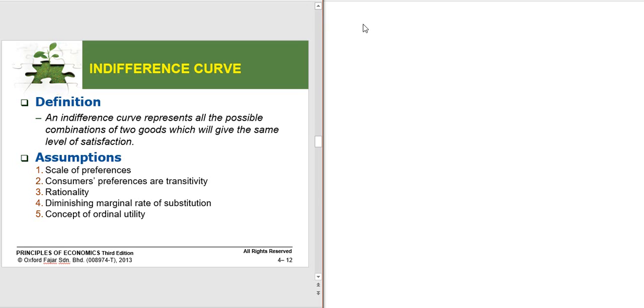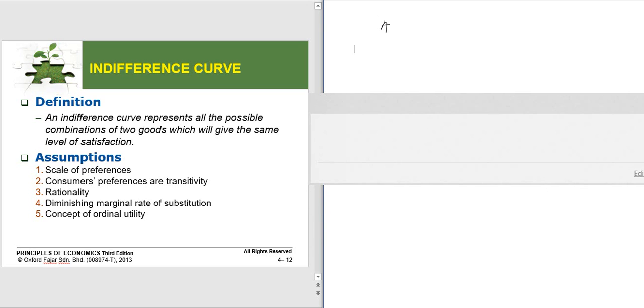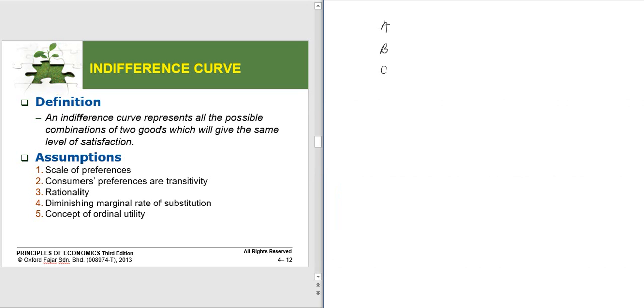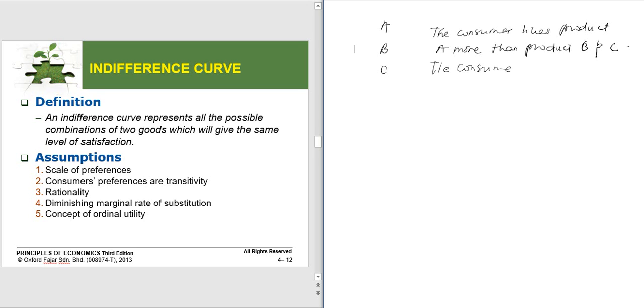Let's say the consumer has an option of consuming product A, B, and C. Let's say this consumer likes product A more than product B and C. So what we mean by transitivity here is that when the consumer likes product A more than product B and C, it means that the consumer prefers product A as compared to product C. Okay, so that is what we mean by consumers' preferences are transitive.